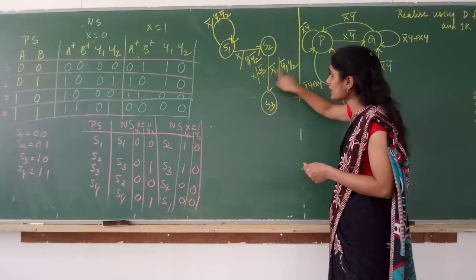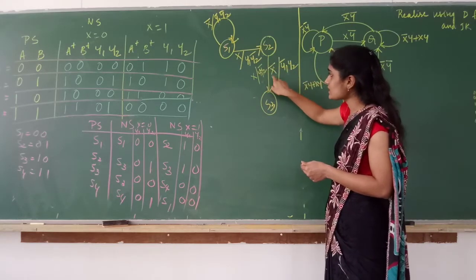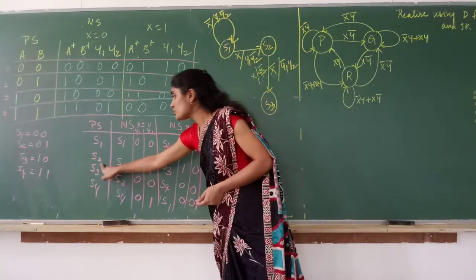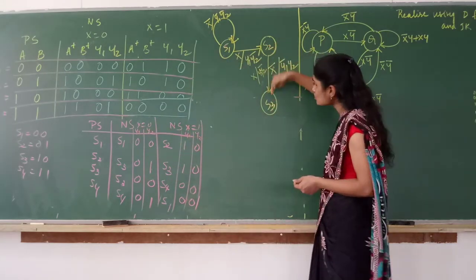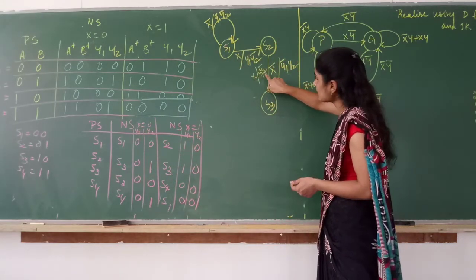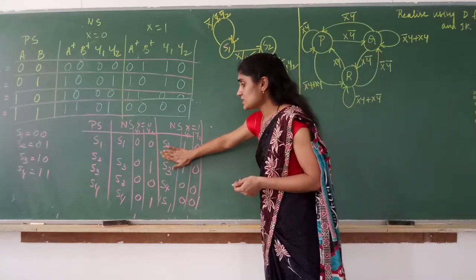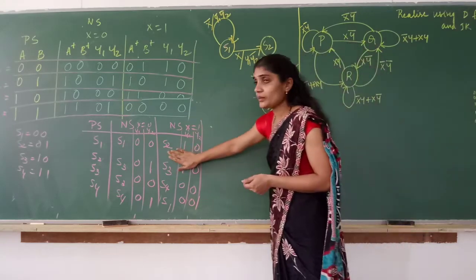Same arc for both conditions, same transition, so only one single line. For both conditions there is a transition from S2 to S3, when x is 0 and when x is 1, and this is the output. Whatever state table you get, now for that you write the state diagram. But your state table should be right.